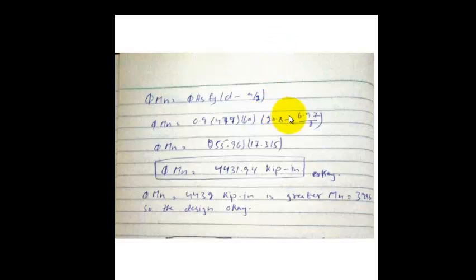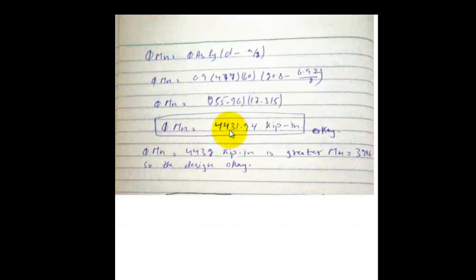So we will put that accurate value and this value to check whether our calculation or our design is safe or not. We do all the calculation and get the value of the ultimate moment, that is 4431.94 kips-inch, which means our design is okay.